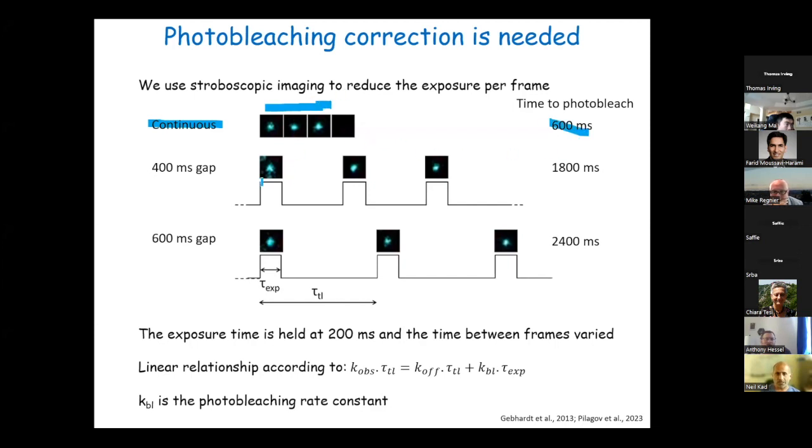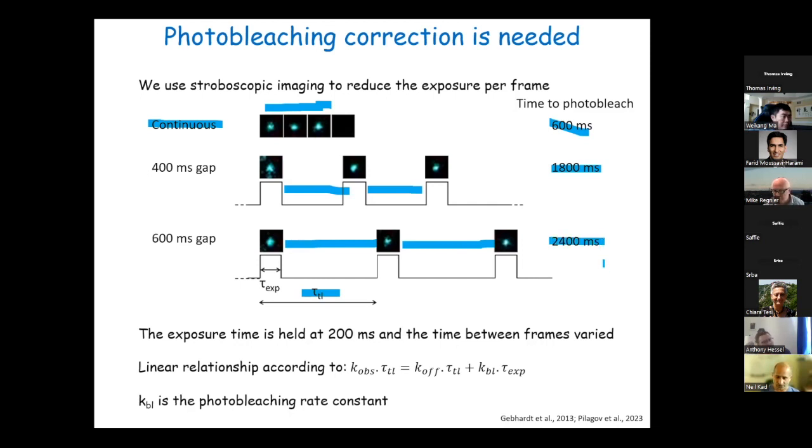Now, if we take that very same fluorophore and we expose it to 600 milliseconds of light exposure, but this time put a 400 millisecond gap between them, that means that the total amount of time that we've imaged that for is now 1800 milliseconds. And as we increase this time interval, in this case to 600 milliseconds, we've now extended the lifetime of that fluorophore to 2400 milliseconds.